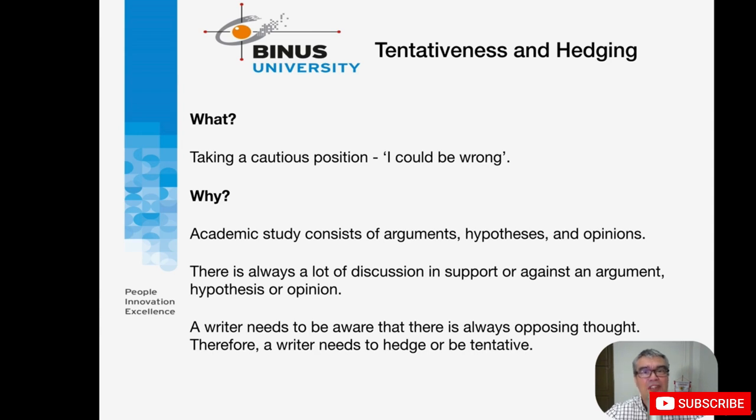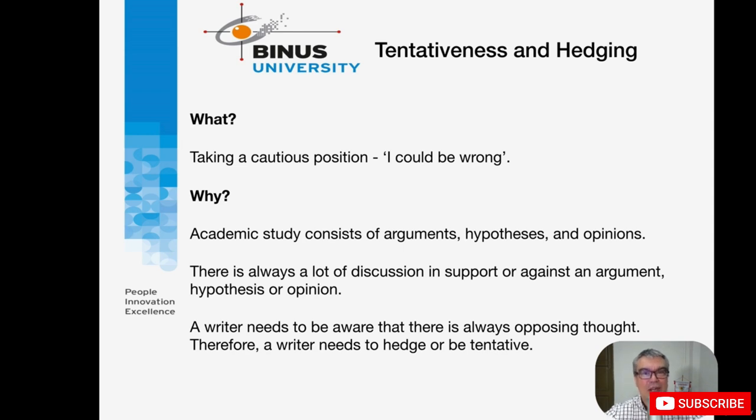And to do this, you need to write in terms of being tentative and being cautious. In this lesson, I'm going to suggest some useful language that you can use quickly and easily in order to express tentativeness. Let's look at them, shall we?